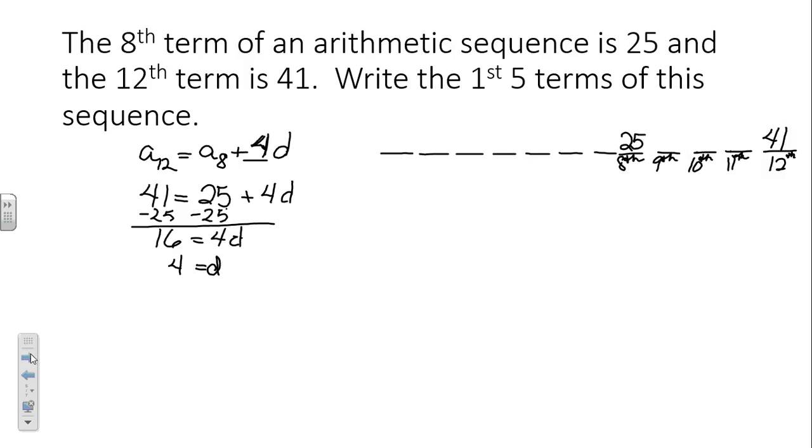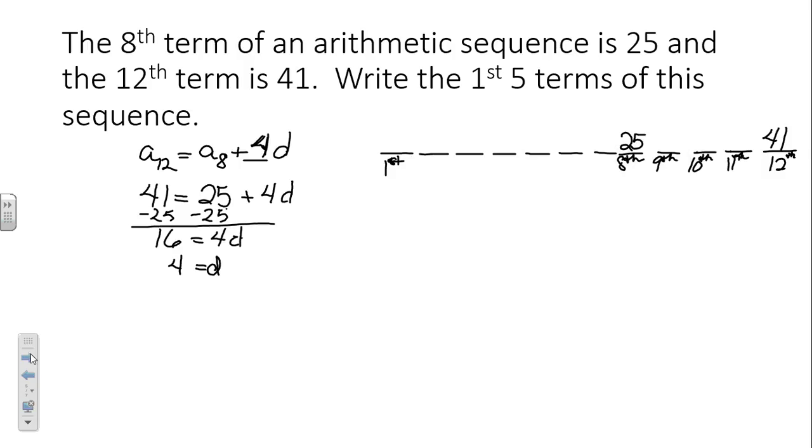And that's a strategy, but is it the most efficient strategy? Probably not, right? Okay. So between the first term and the 8th term, how many differences are there? One, two, three, 4, 5, 6, 7, right? Okay. So there are 7 differences.